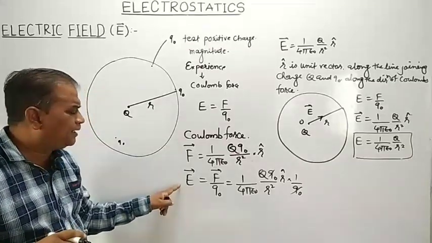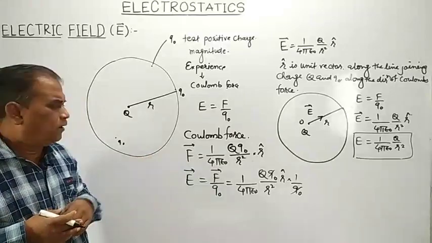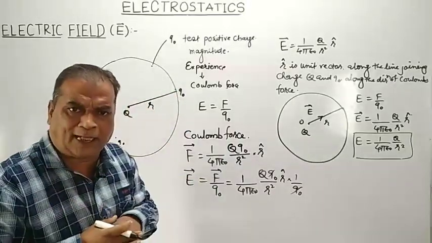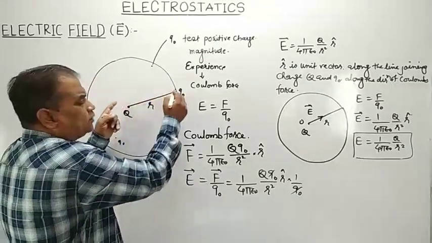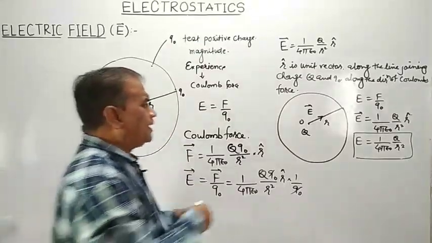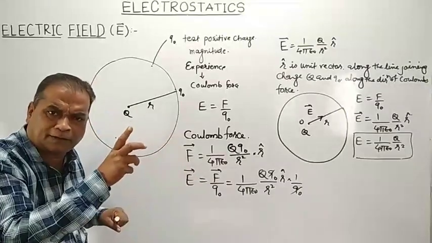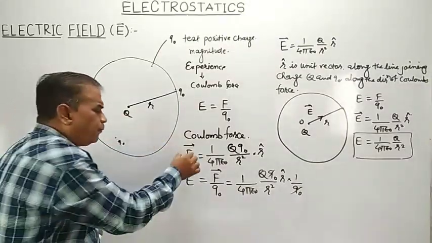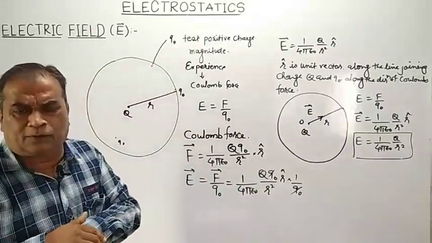Electric intensity will act along the direction of what? Coulomb force. Coulomb force will act along the line joining the given two charges. So remember, because electric intensity acts along the Coulomb force between the two charges, that Coulomb force will act along the line joining the given two charges.